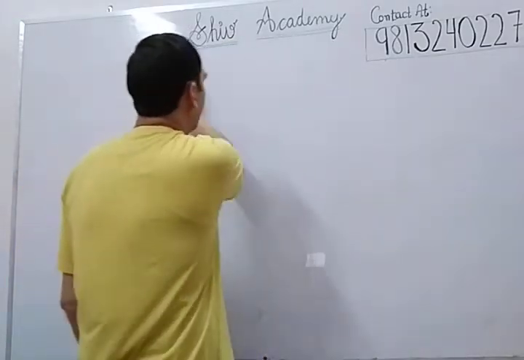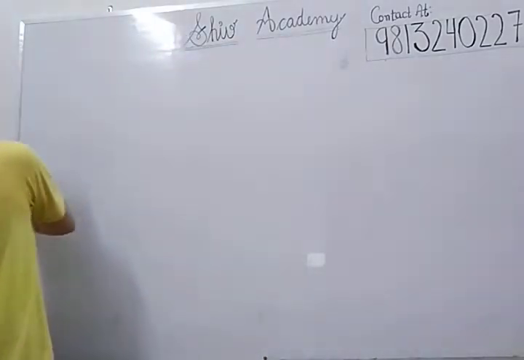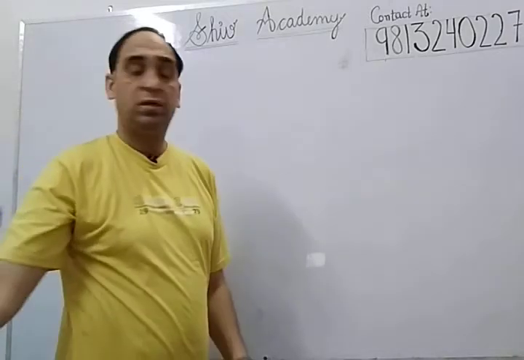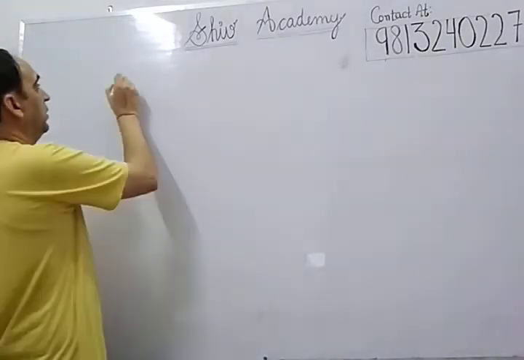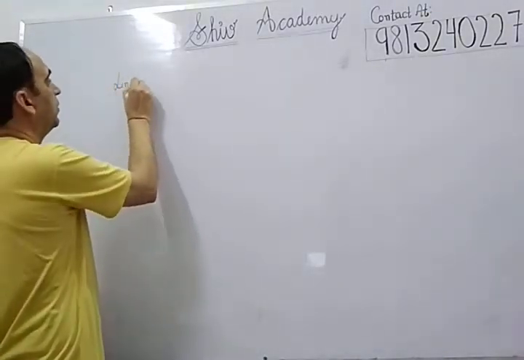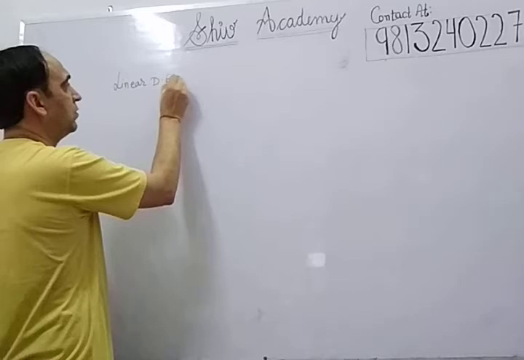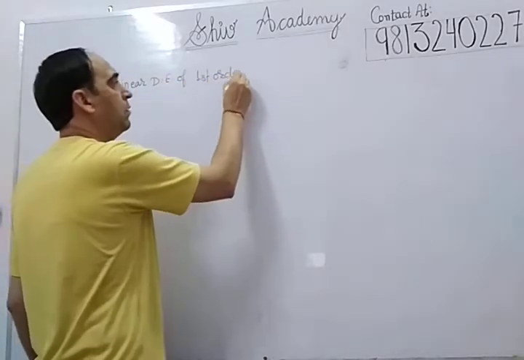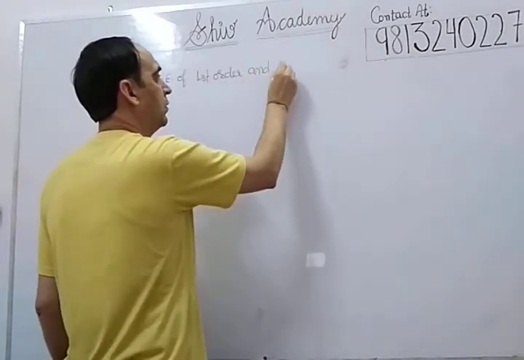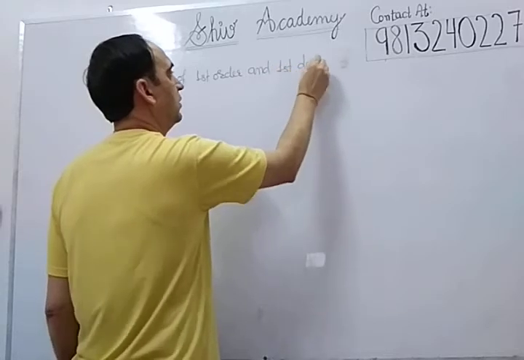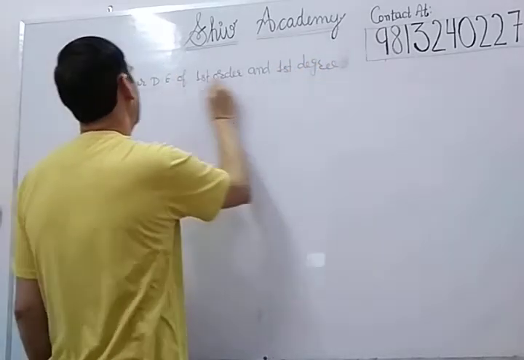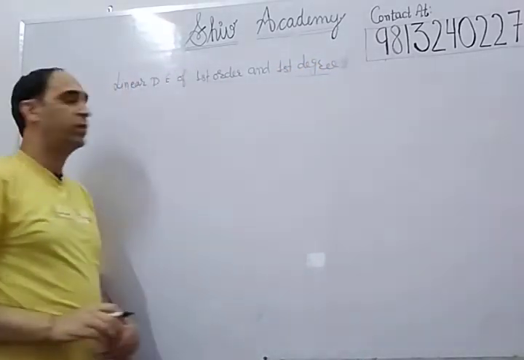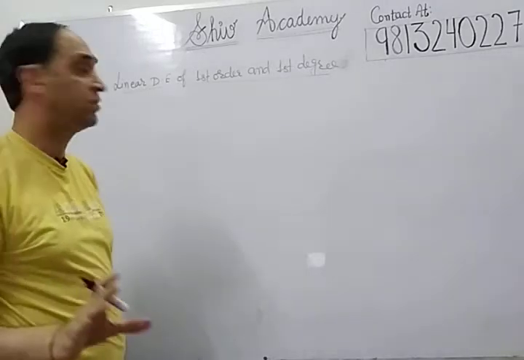So, dear students, now coming to the next type, I am talking about the linear differential equation of first order and first degree. So our concern is now to check how we can solve the linear differential equation of first order and first degree.